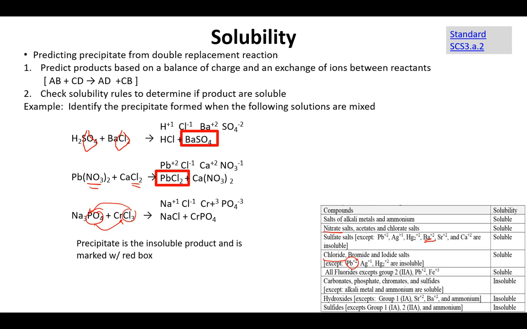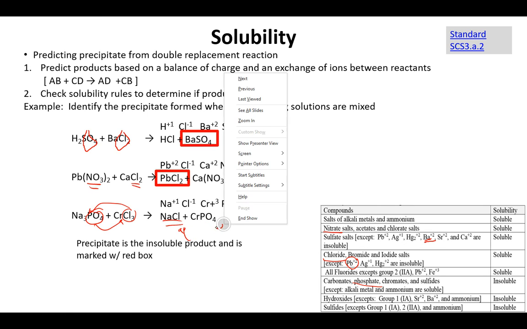We shouldn't have to check the solubility rules for table salt because we know that table salt can dissolve in water. So we know that this is going to be aqueous. Let's double check my chromium phosphate. Phosphates, PO4, are insoluble unless it's an alkali metal or ammonium. And that is definitely not an alkali metal. That's a group 13 metal. Therefore, that must be my solid product.